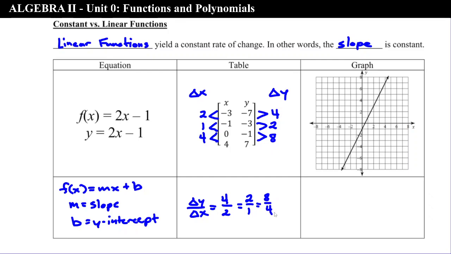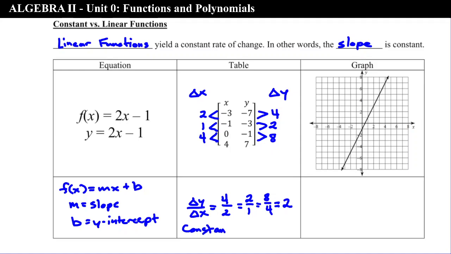Now we have 4 over 2, 2 over 1, and 8 over 4. Well, 4 divided by 2 is 2, 2 divided by 1 is 2, and 8 divided by 4 is 2. So all of these equal 2. Since we have the same value for all of these, then we have a linear function. So it's characterized by a constant value for m.